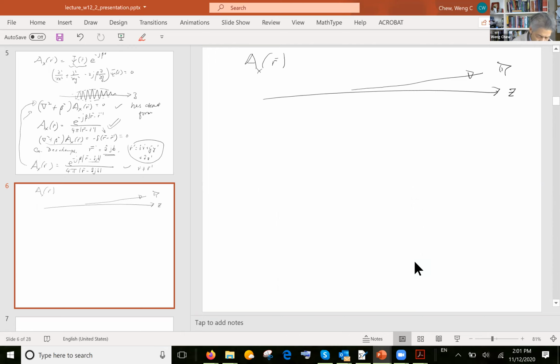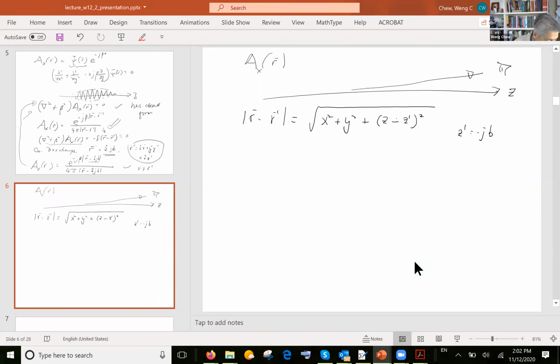And so I'm going to let this r minus r prime be defined mathematically by x squared plus y squared plus z minus z prime squared, but z prime, as you know, is plus or minus jb.